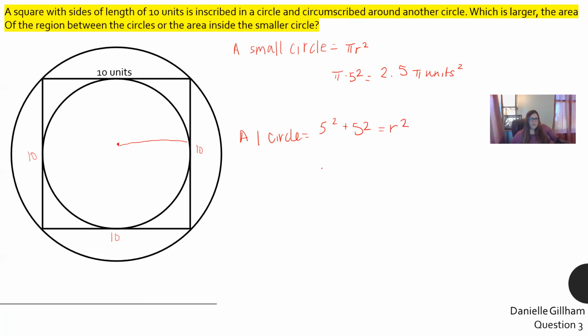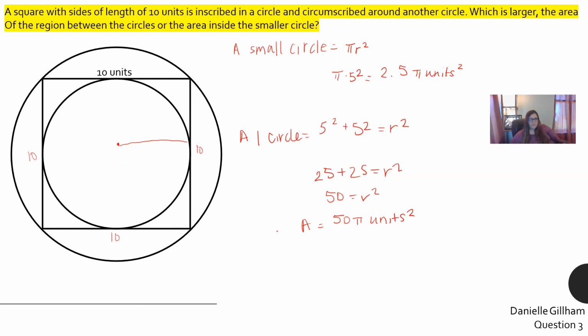So that's going to be 25 plus 25, equals radius squared still. And so now we have 50. So our area is going to turn into 50 pi units squared.